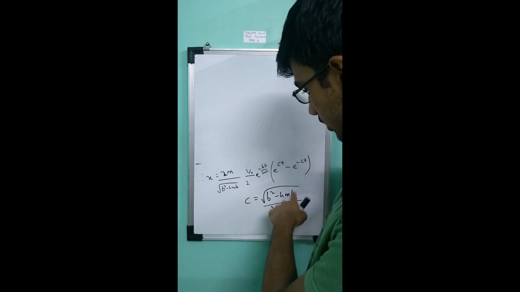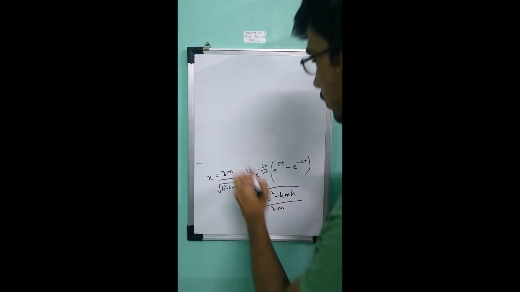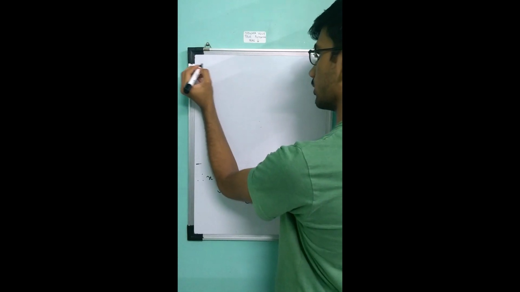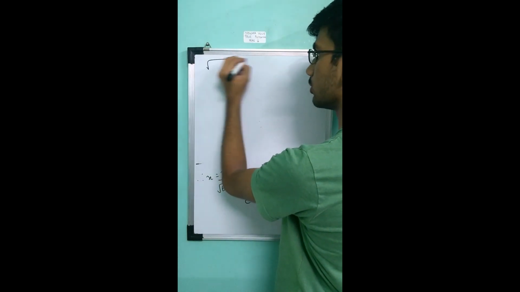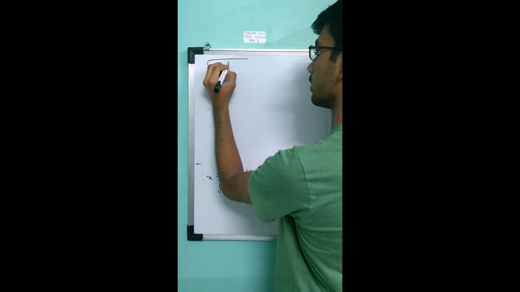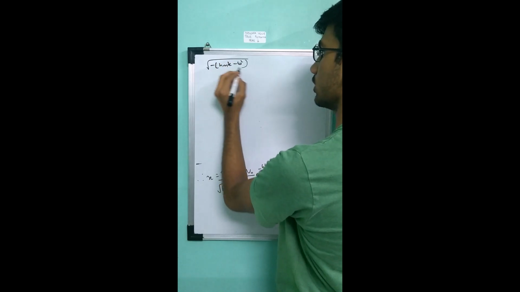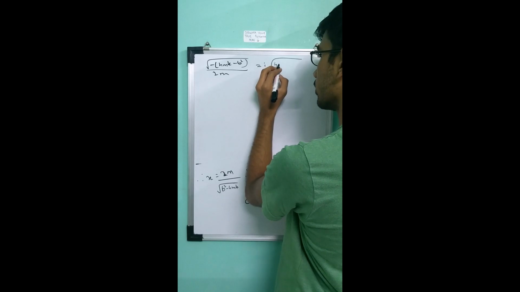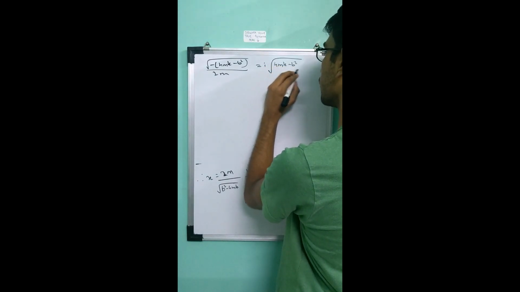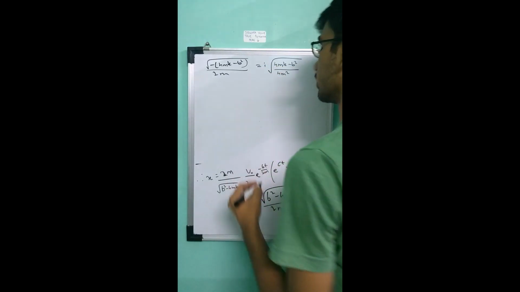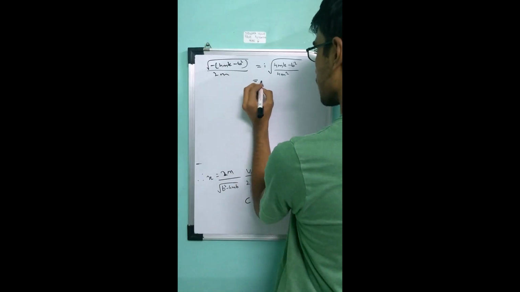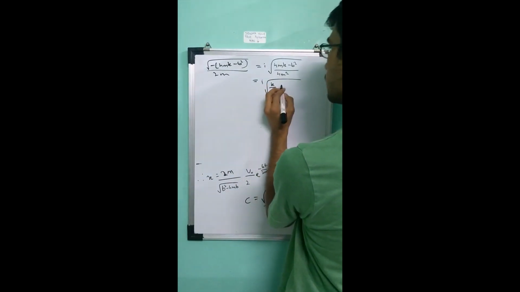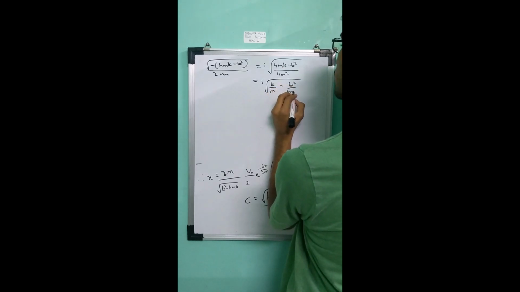Okay, we know that this is negative, right? So let me do this here. I'll write it as root of minus 4mk minus b square by 2m, which becomes I root of 4mk minus b square by 4m square, right? So this is I into root of k by m minus b square by 4m square.